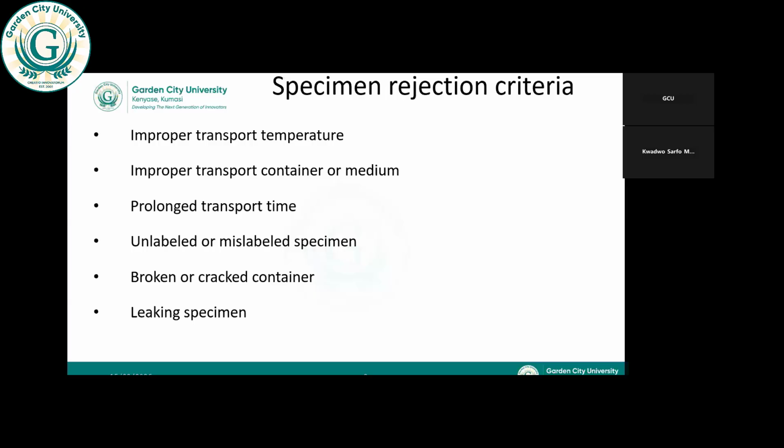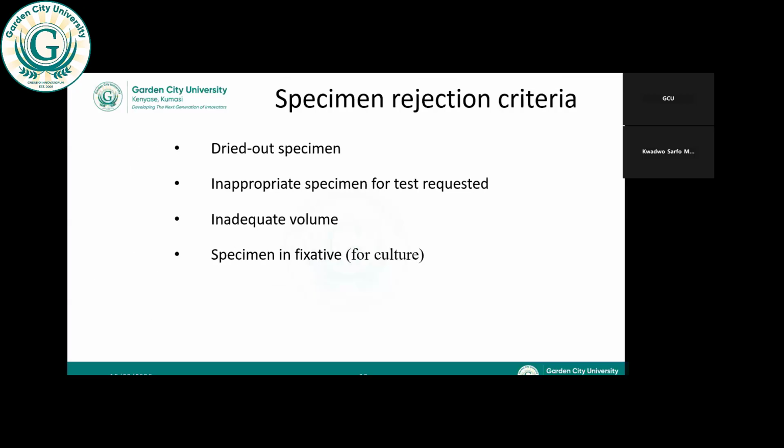And this can even be a source of infection to the ones who are going to handle the samples. Assuming it is an airborne infection, the person could easily get it once they open the ice chest. Dried out specimens are also not accepted. That's why we encourage putting them in the right medium for transportation, especially if it's a swab specimen.